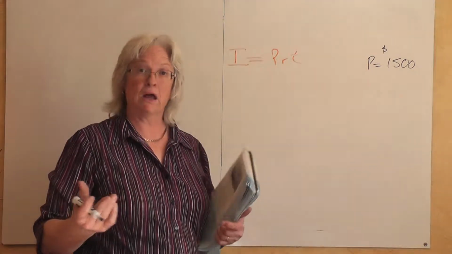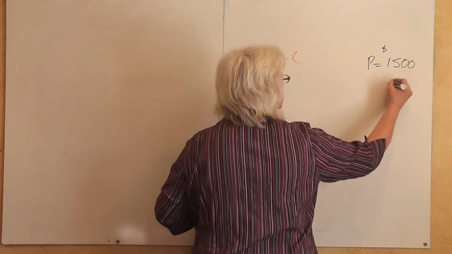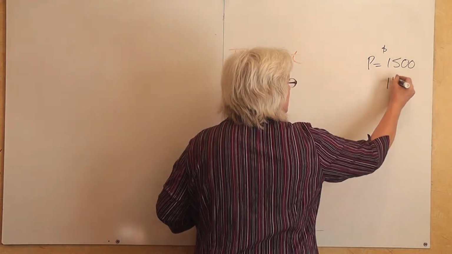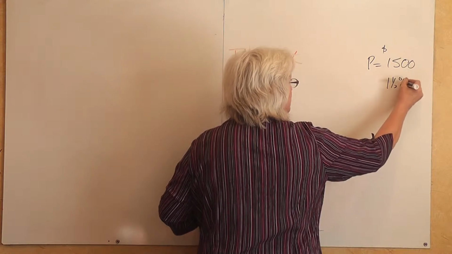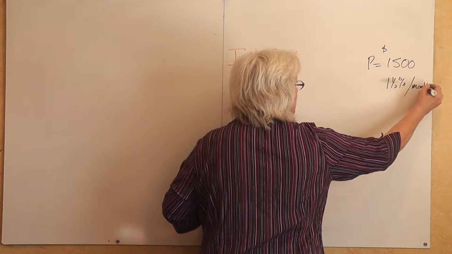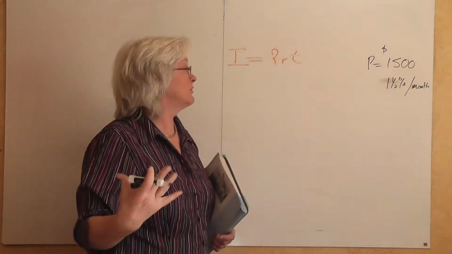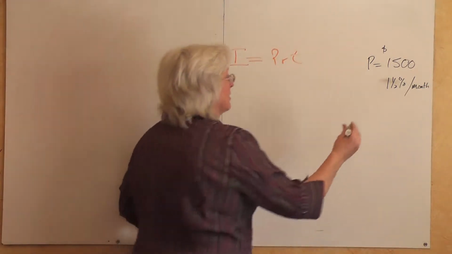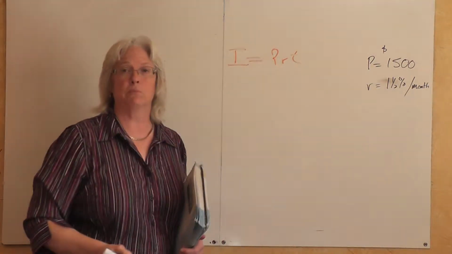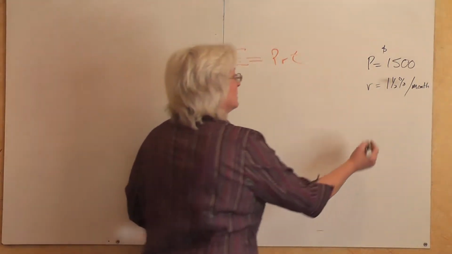What else do we have? We're going to borrow it at 1.5%. Whoops, not 1%. 1.5% per month. So what is this in our formula? This is our rate. The rate that we have is the 1.5% a month. And how long are we going to borrow it?